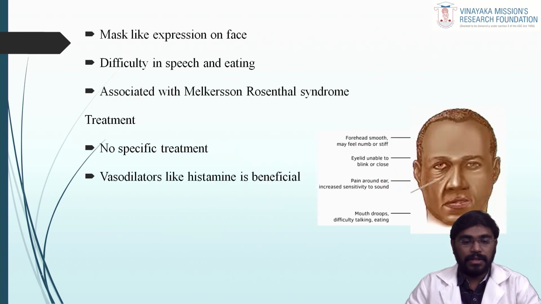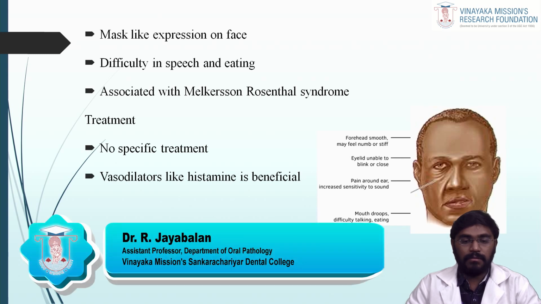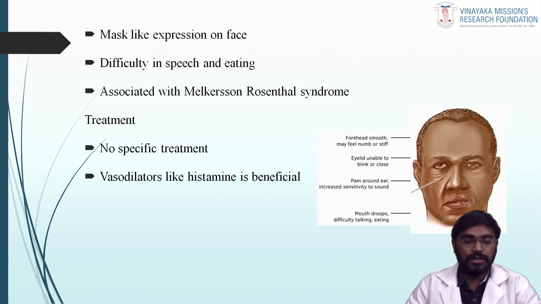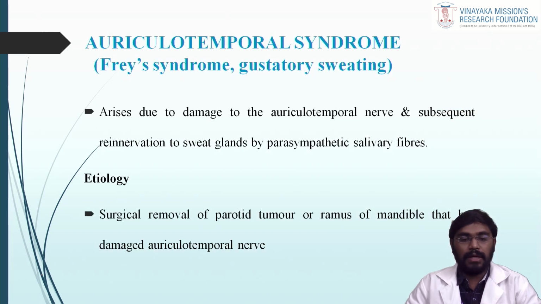Mask-like appearance, difficulty in speech and eating, associated with Melkersson-Rosenthal syndrome. These are the clinical features. Next comes the treatment. No specific treatment for this. Vasodilators like histamine are a beneficial treatment for Bell's palsy. Next comes the auriculotemporal syndrome. Other names are Frey syndrome, gustatory sweating.